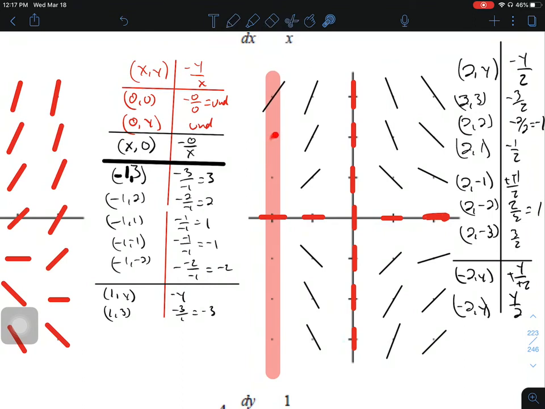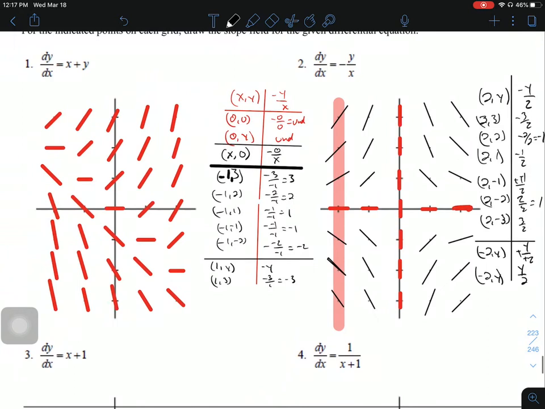Here the y value is 2. 2 divided by 2 is 1. And then here, the y value is 1. 1 divided by 2 is 1/2. Here we're going to have negative 1/2, negative 1, negative 1.5. Slope field is going to look something like that. Yours is not going to be perfect, and mine certainly isn't.